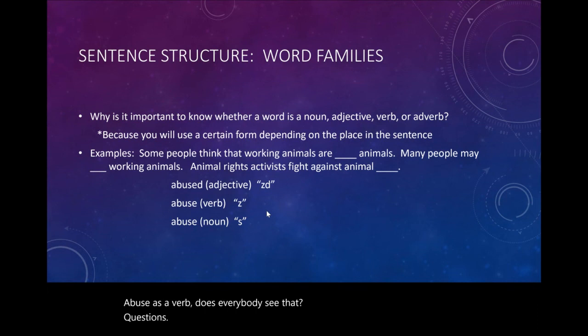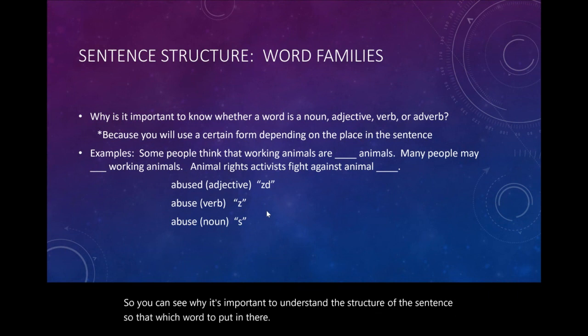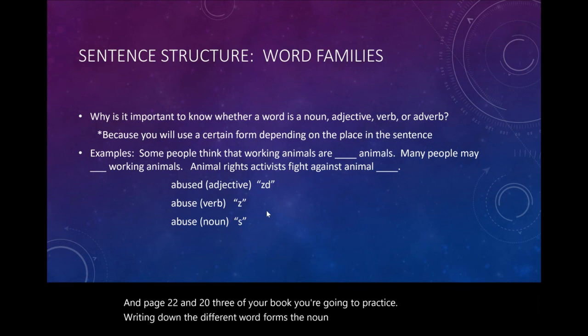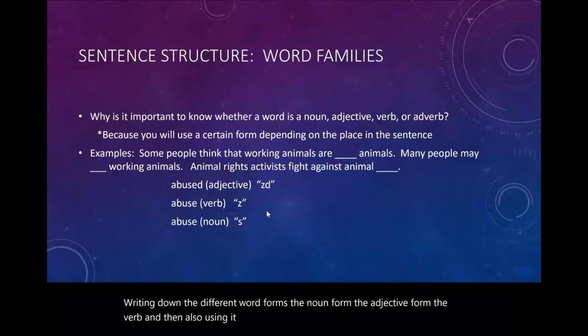Okay, so you can see why it's important to understand the structure of the sentence so that you know which word to put in there. On pages 22 and 23 of your book, you're going to practice writing down the different word forms, like the noun form, the adjective form, the verb, and then also using it in some sentences, okay?